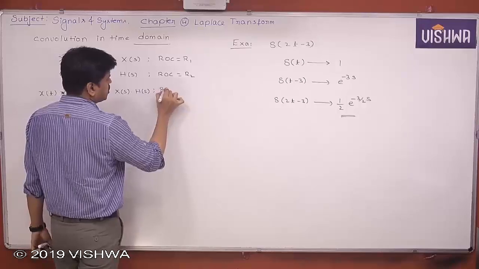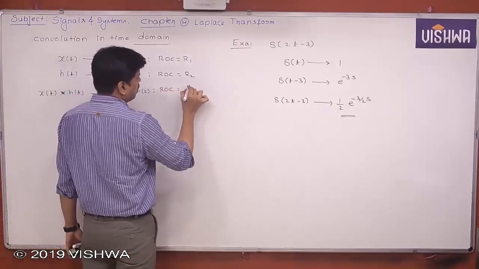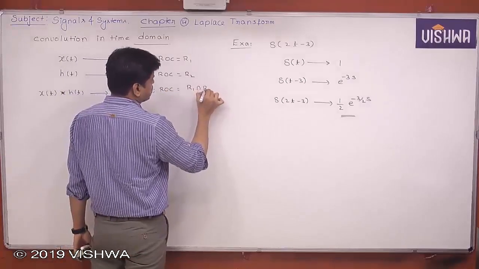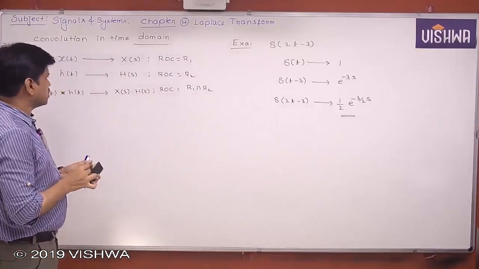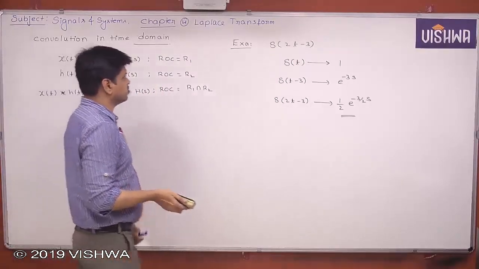What is the ROC? This is R1 intersection R2. That's what we are going to get.